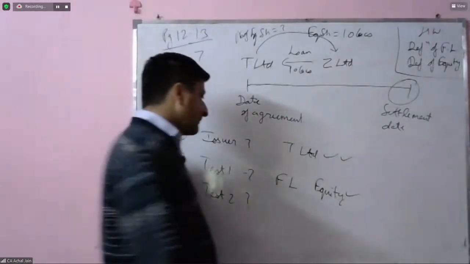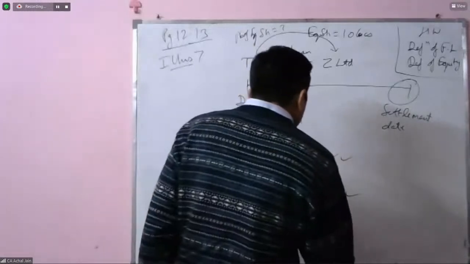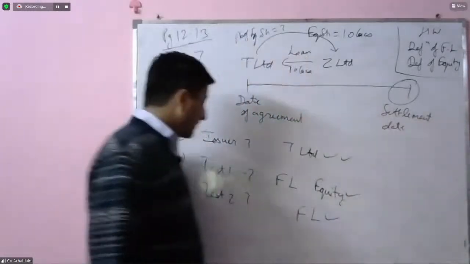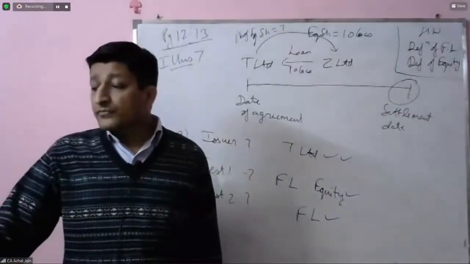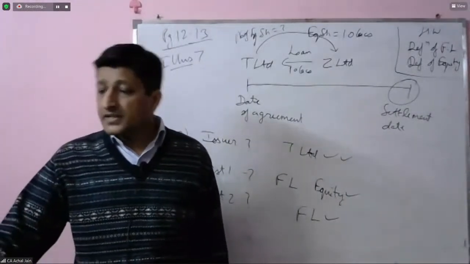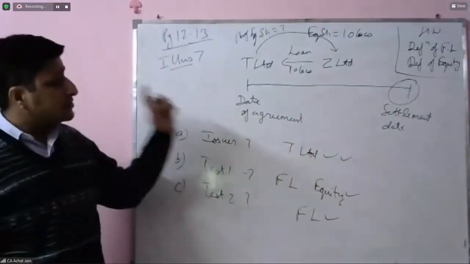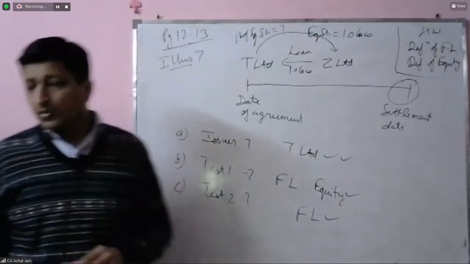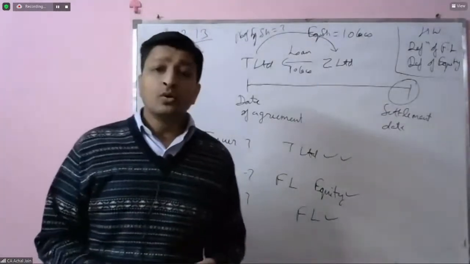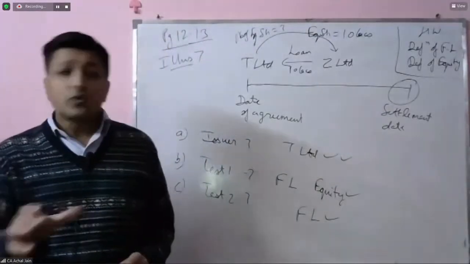So that's why it will become a financial liability. Okay, great. Then Ambika is saying, sir, I answered for illustration number 7. Yes, that's true, we are also on illustration number 7. But I'm talking about test number 2, the outcome of test number 2.